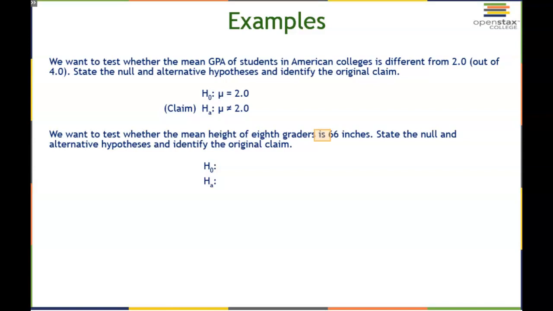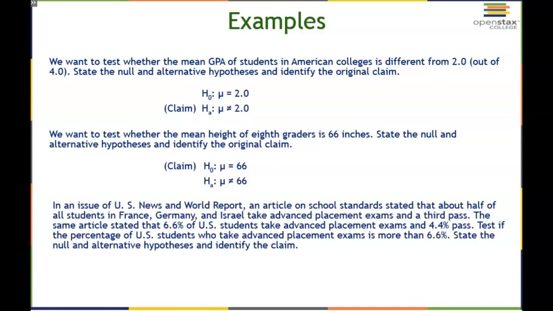Anytime we have just a flat out equal, that is an H0. Our alternative will be not equal to. So H0, mu equals 66. HA, mu does not equal 66. And because is the word that we're looking at, our claim is an H0.